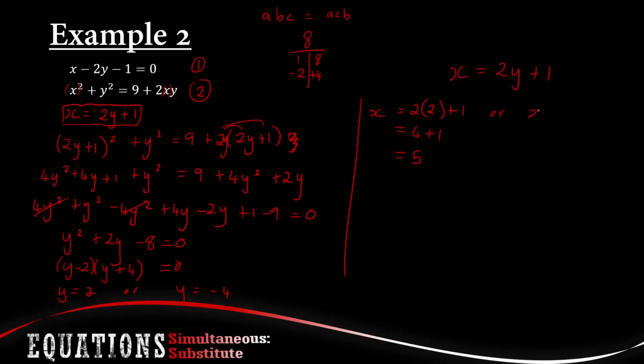Or x is equal to 2 times negative 4 plus 1. This is negative 8 plus 1, and that would give us negative 7. And then we can just finish it up by writing it as (5; 2), and on this side as (-7; -4).